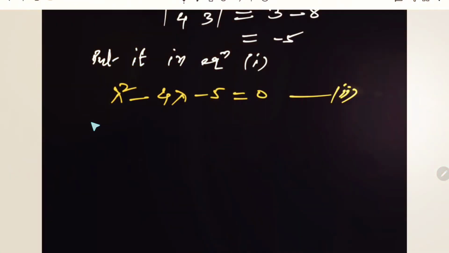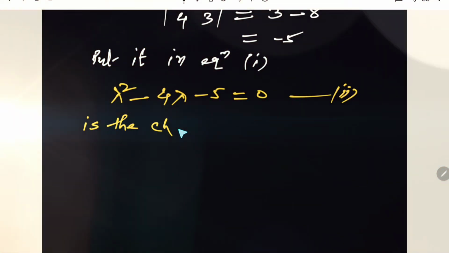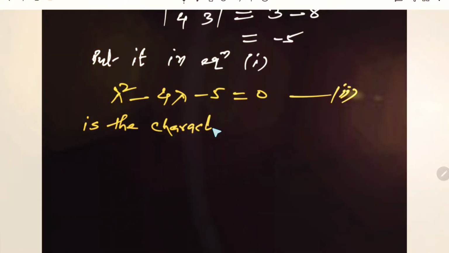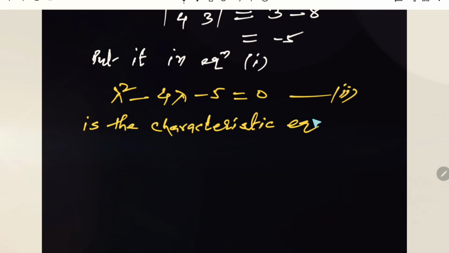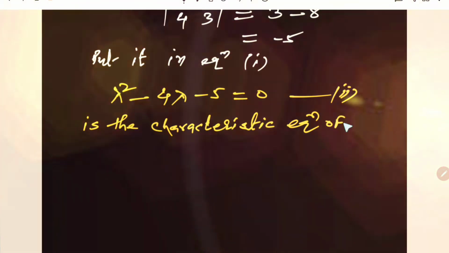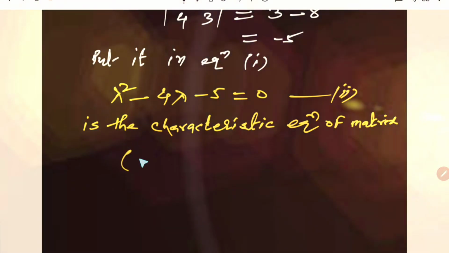And this equation 2 is called the characteristic equation. This is the first step whenever we need to find eigenvalues or the characteristic roots. It is a quadratic equation.